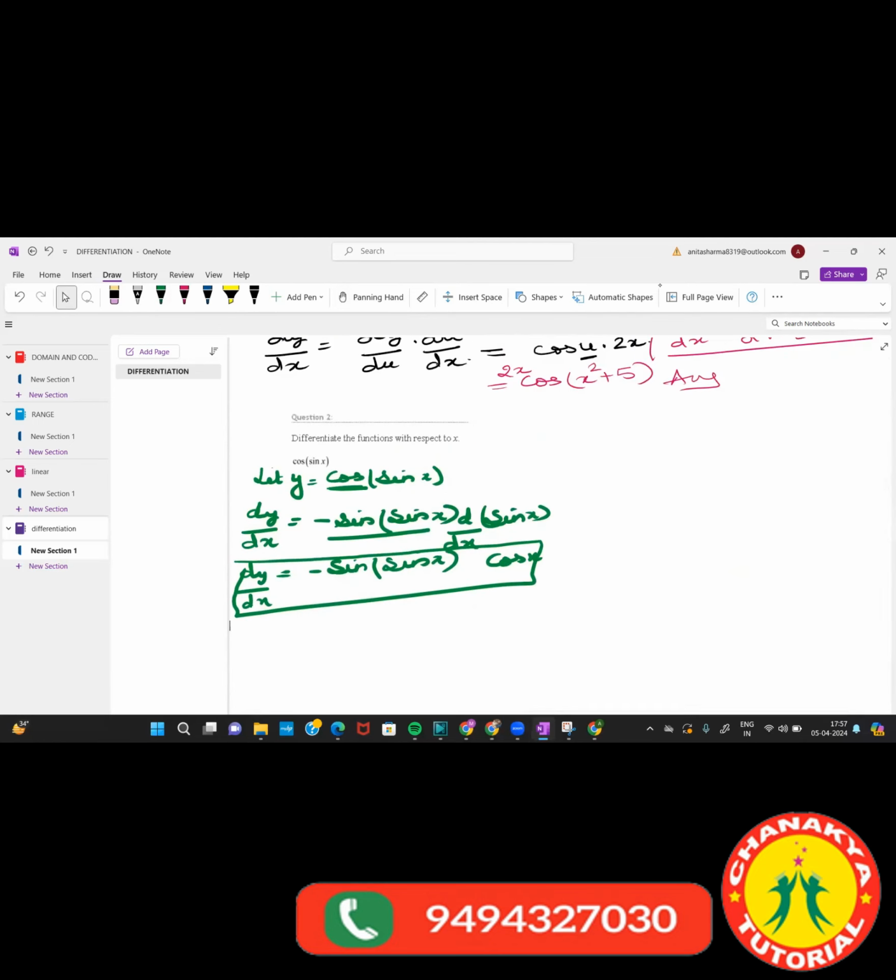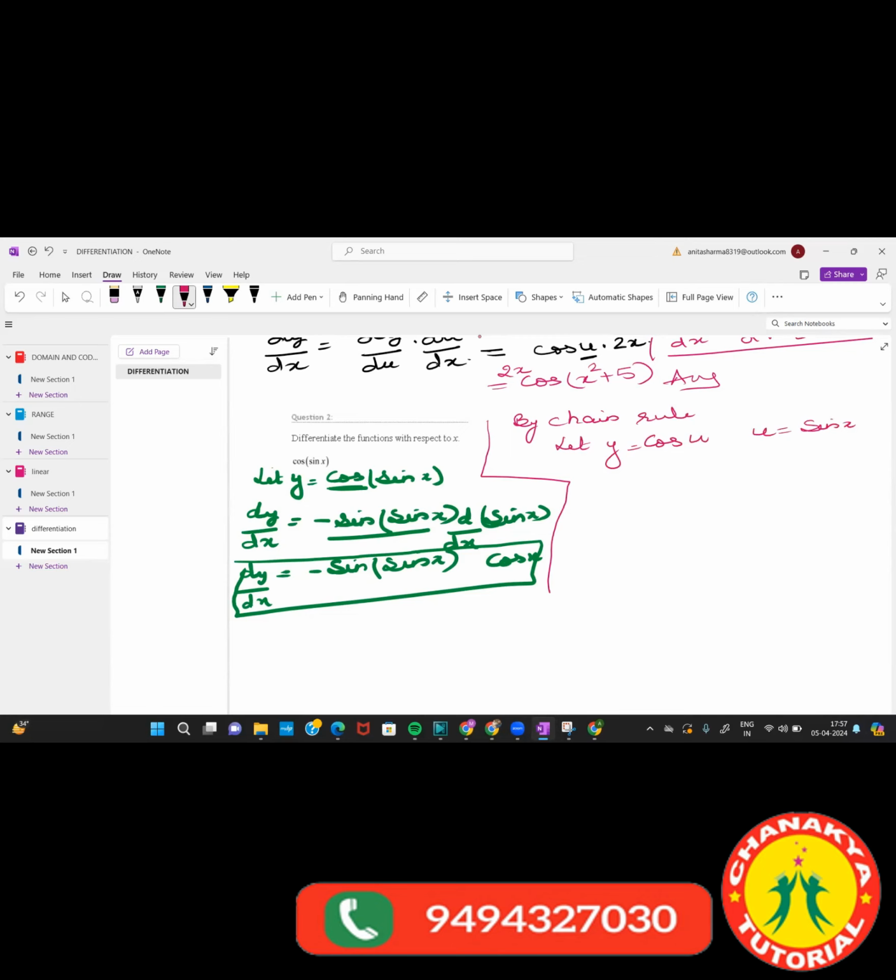Now the second method is when we are using the chain rule. Now by chain rule, let y is equal to cos u, and u is sin x. Got it?